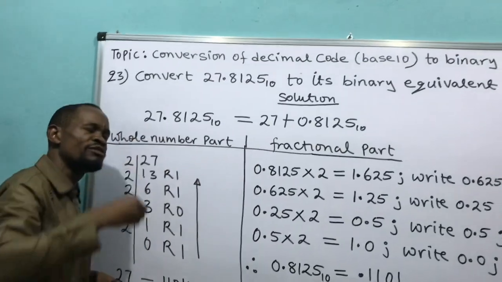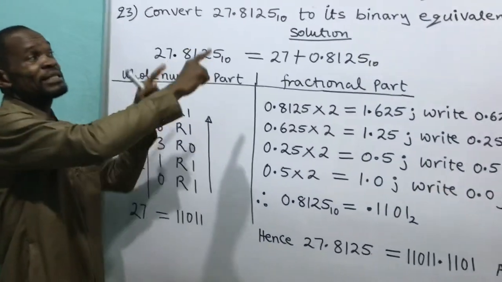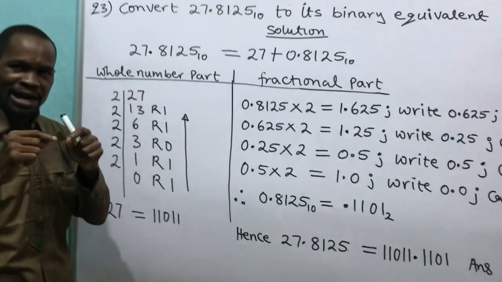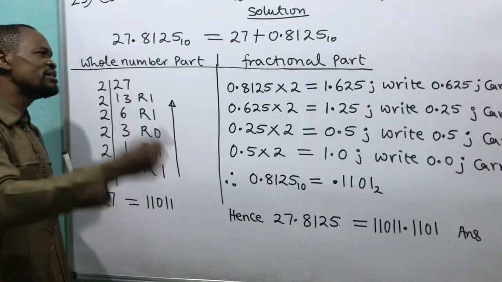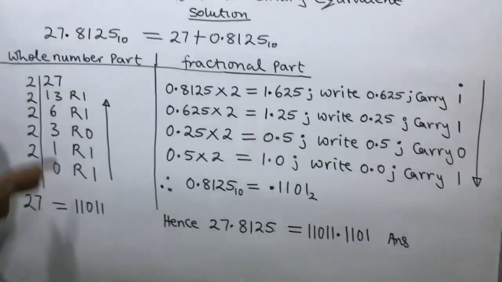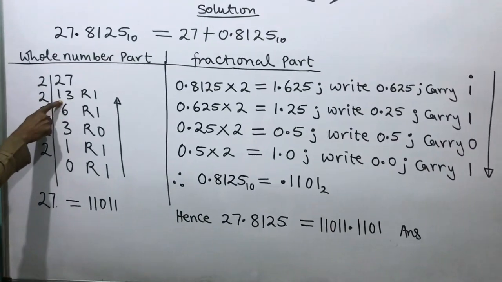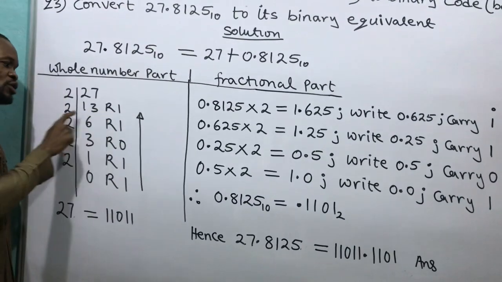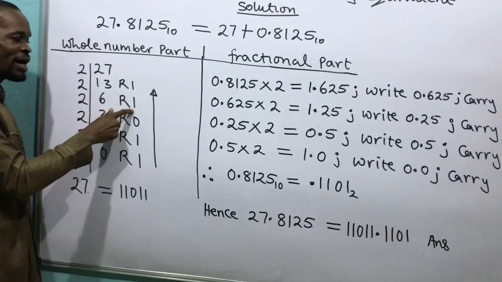You get it? I'm converting a whole number from base 10 to base 2. I will divide by 2. So what am I going to do here? 27 divided by 2 gives me 13, remainder 1. 13 divided by 2 gives me 6, remainder 1.